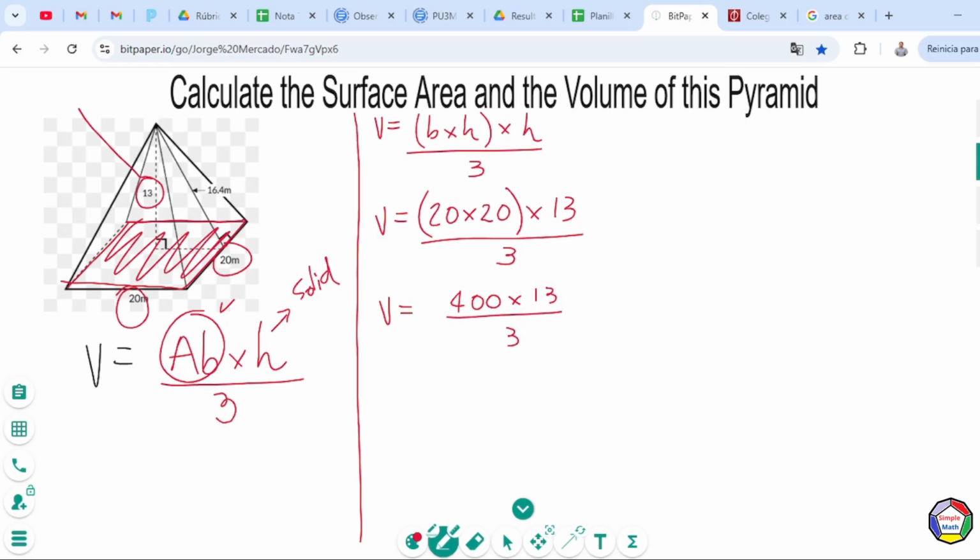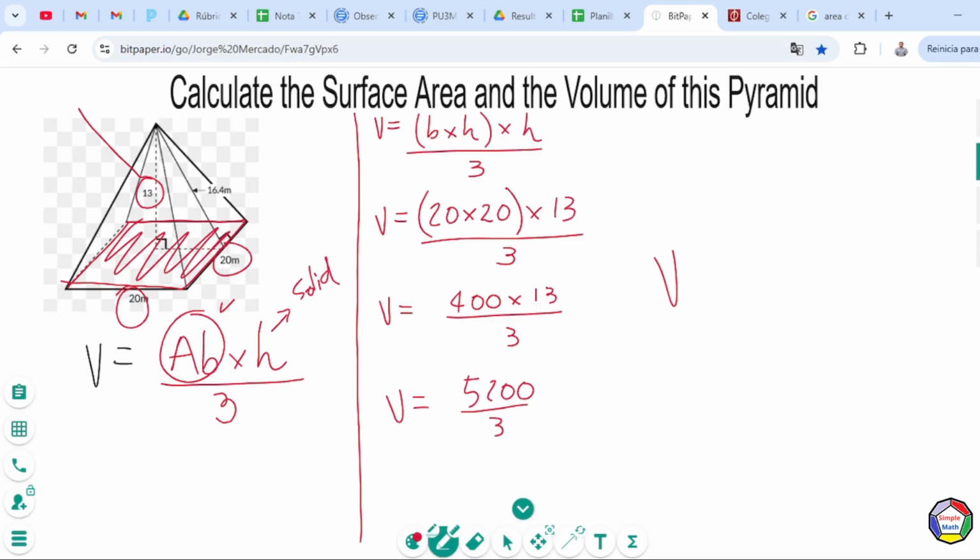If you multiply that, I'm going to show you what happens. So the volume finally is equal to, let's use a calculator, 400 times 13 equals 5,200, and then we divide 5,200 by 3.